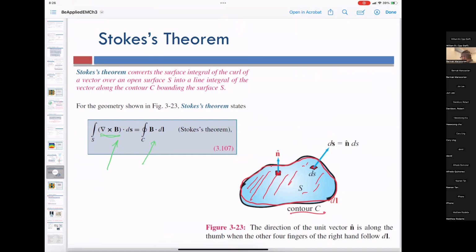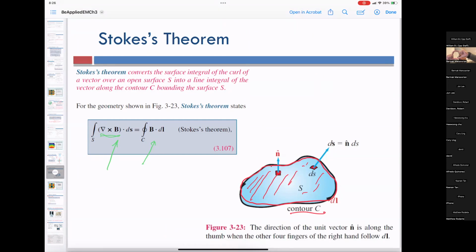I don't have any useful props here, but if you can imagine a contour that's like a circle, and there's a flat sheet spread tight across it.